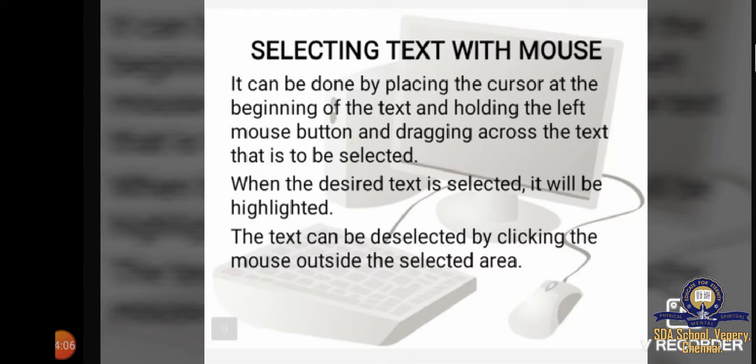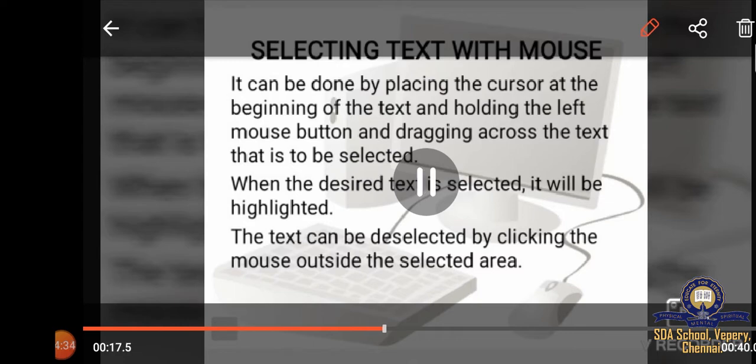When the desired text is selected, it will be highlighted, and then the text will be deselected by clicking the mouse outside the selected area. And wherever you want to move this and put it in another folder or document, you can paste it over there. Students, I hope you understood this.